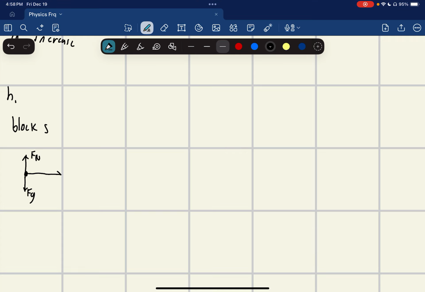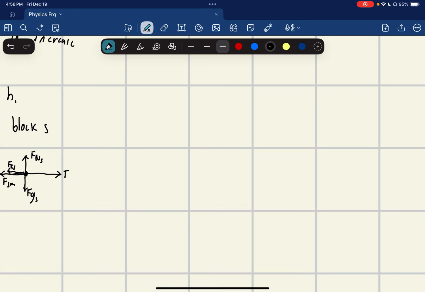And then there's T pulling it to the right, and then there's going to be Fk of block S, and then there's going to be a contact force between block S and M. And T will be greater than both Fk, or friction, and the contact force, because it's moving to the right and T is pulling it to the right.